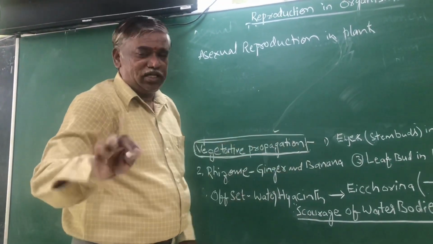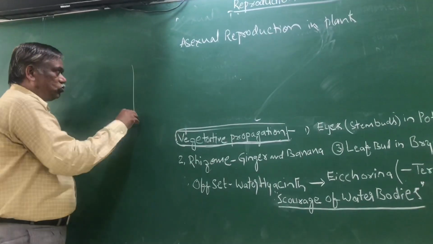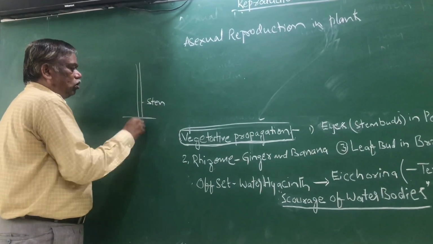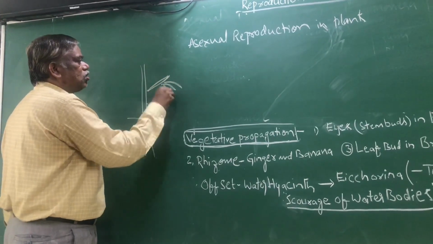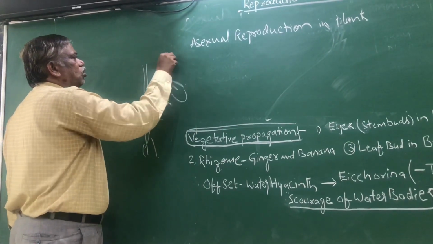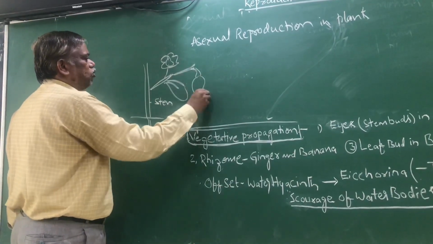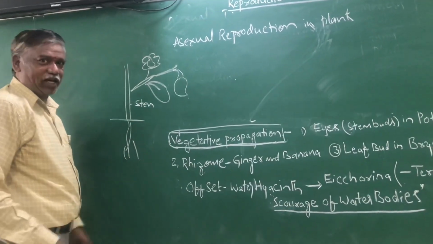Now, just listen. It is a plant: stem, root, branch, leaf, flower, and fruit. These are the parts of a plant.